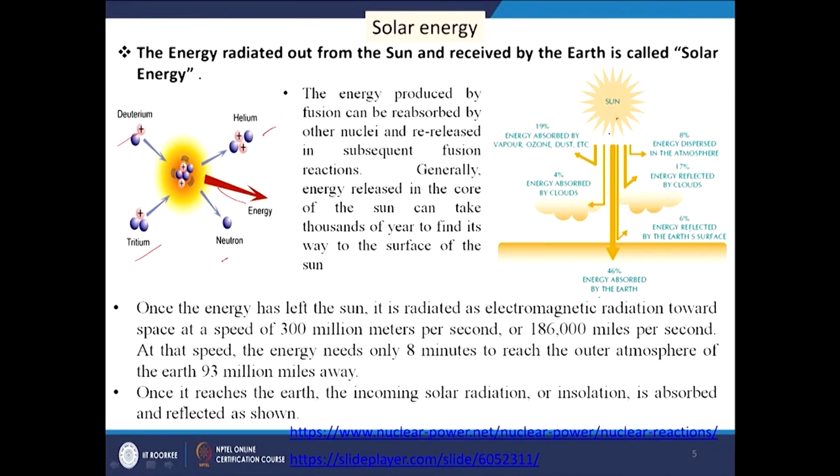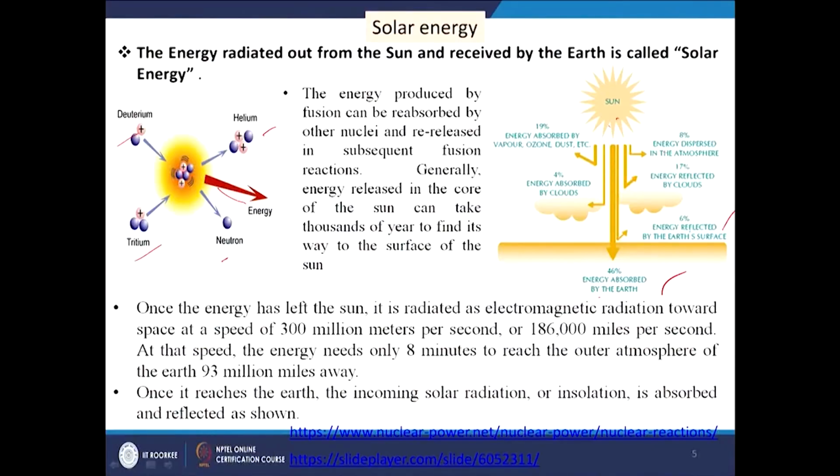If we see the energy coming from the sun to the earth, out of the total radiation coming towards the earth, around 46% is absorbed by the earth and 6% is deflected by the earth's surface. The remaining energy is not able to reach the earth's surface because of clouds and the ionosphere, etc. Energy dispersed in the atmosphere is around 8%, and energy absorbed by vapors, ozone and dust is around 19%.